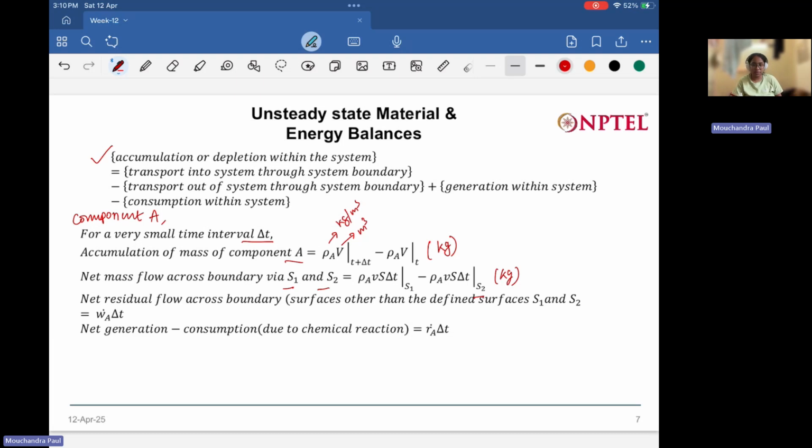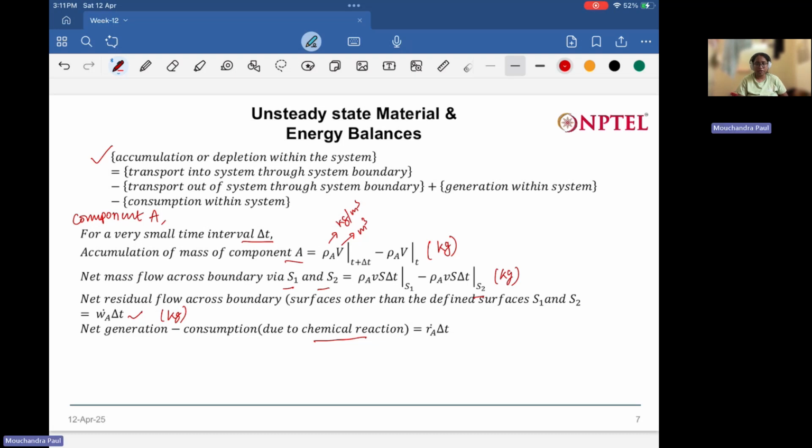Now there are other surfaces other than the defined surface areas, through which material can also flow across. To consider that part, we are introducing another term, W A dot times delta t. Here also the dimension is mass. And the net generation or consumption term due to a chemical reaction is given by R A, which is the rate of the reaction.